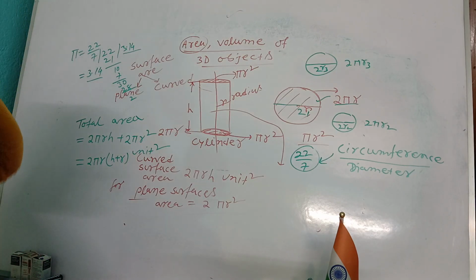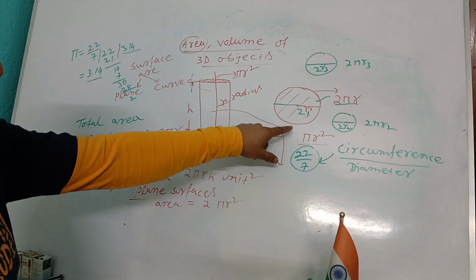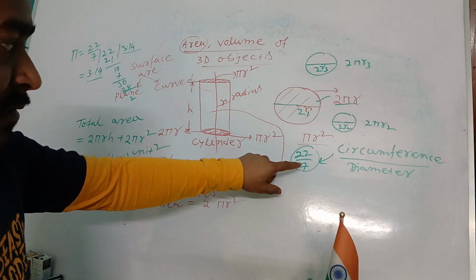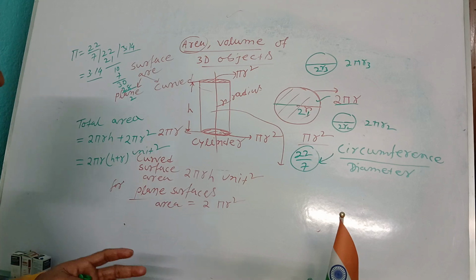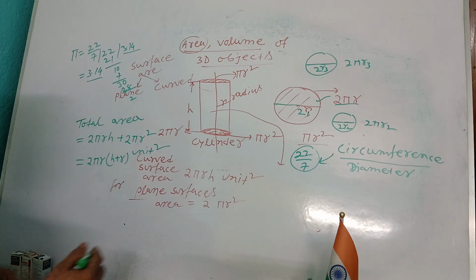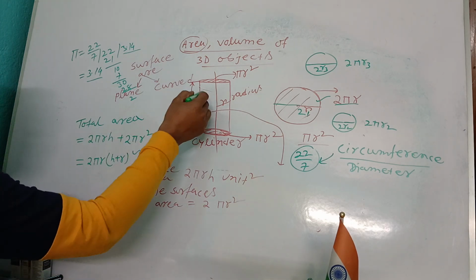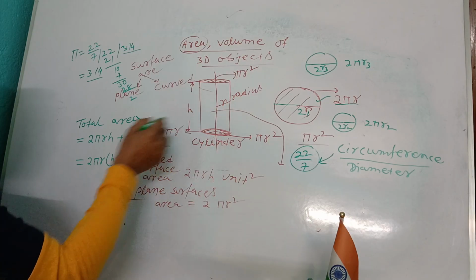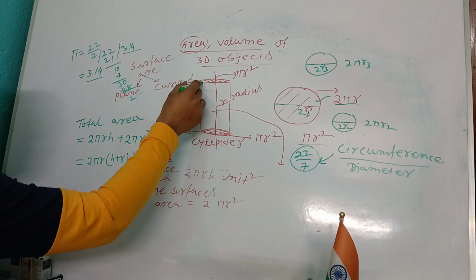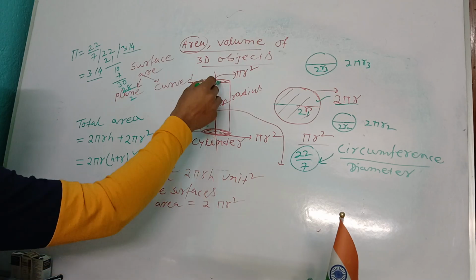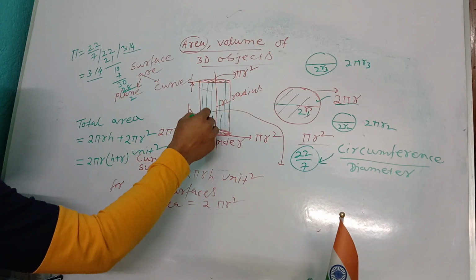So in the case of mensuration, just use the value of pi as 22 by 7, or directly you can use 3.14. It totally depends on you. Now come to the point. The total area for this right circular cylinder, what are we getting? 2 pi RH, which is the curved surface area. Why 2 pi RH?